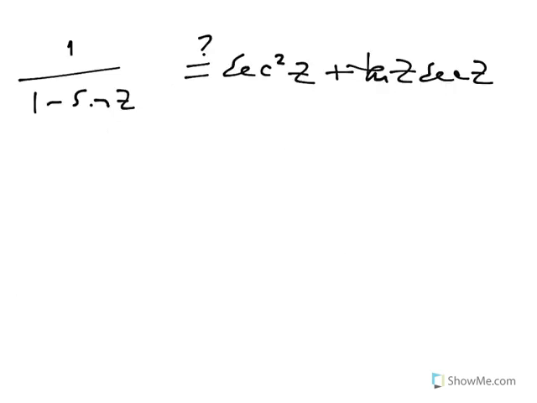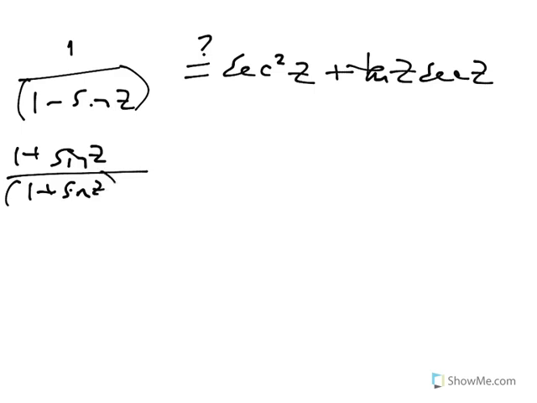I'll use that trick again with this one. If I multiply, see I have 1 minus sine z, I can't do much with that. We can't split it up like we did when the expression was in the numerator. But if I multiply numerator and denominator by 1 plus sine z, equals right-hand side, I hope.